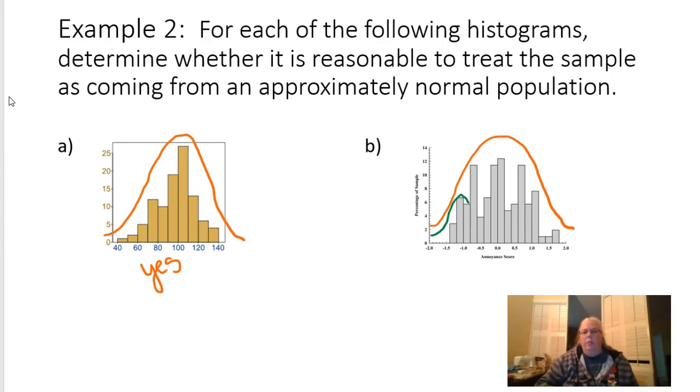We go down slightly, but remember that's okay as long as we go back up slightly. But this one goes up a whole lot and comes back down a whole lot, and then goes back up a whole lot, and comes back down a whole lot, and goes back up a whole lot, and comes back down just briefly, and then goes back up before coming back down again. So I would say that no, this is not going to be data that we would like to treat as a normal population.